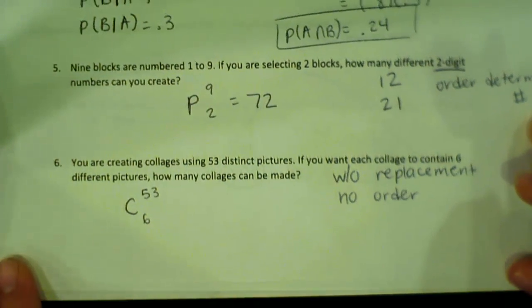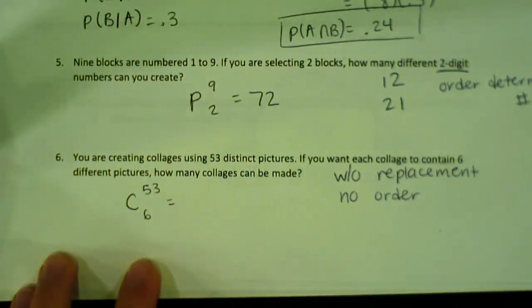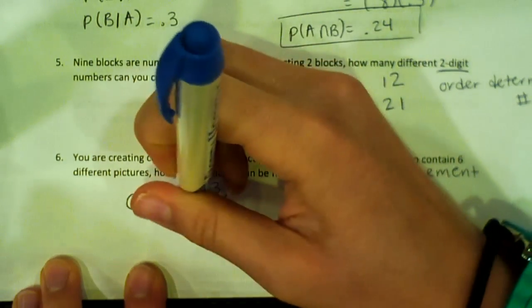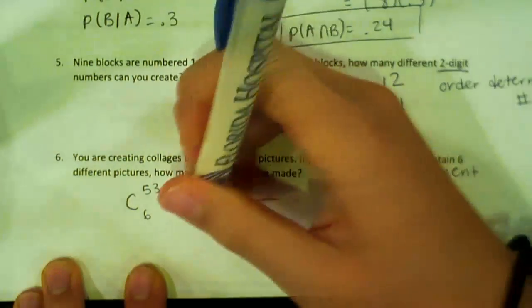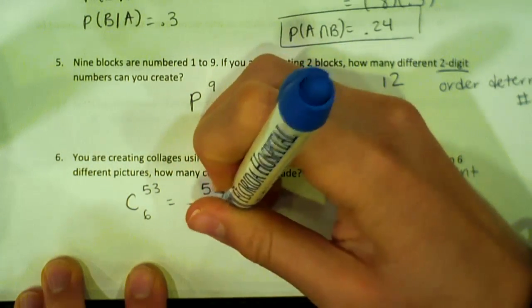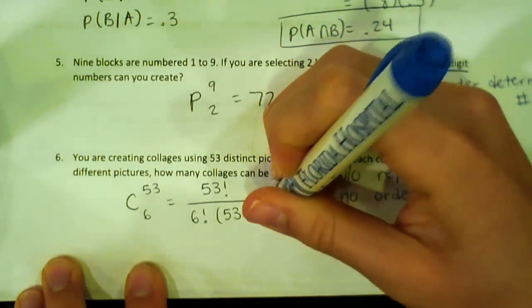And for anybody who's not sure how to do the setting on the calculator, the formula for combination: 53 factorial over 6 factorial, everything in there factorial.